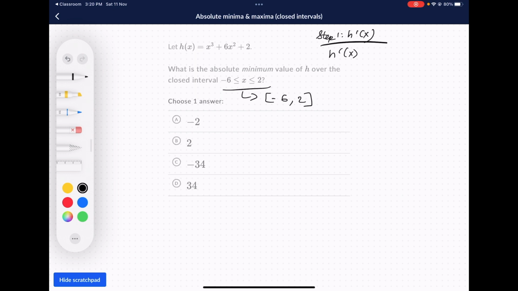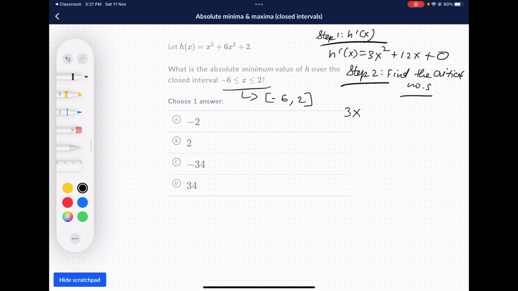So h prime x is equal to 3x squared plus 12x. If you want, you can also write plus 0 because the derivative of 2 is 0. And now step 2 is to find the critical points or critical numbers. Set this equation equal to 0.